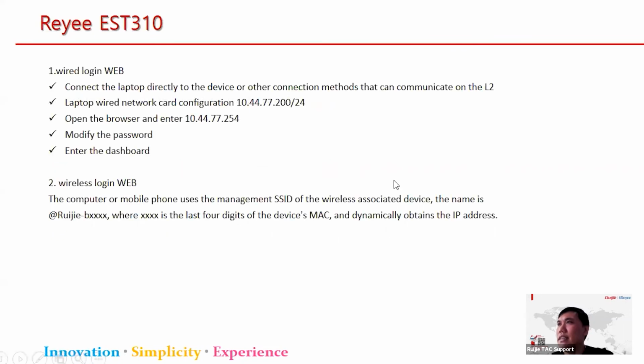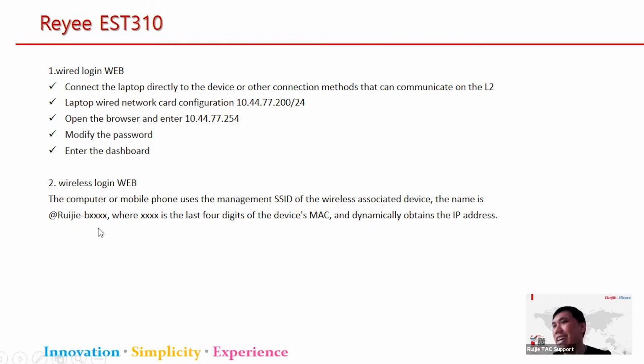For our EST, you can configure it through a wired login via the web, or you can connect to one of the SSIDs broadcast by the EST. This SSID broadcast by the AP is for management purposes, not for user purposes.